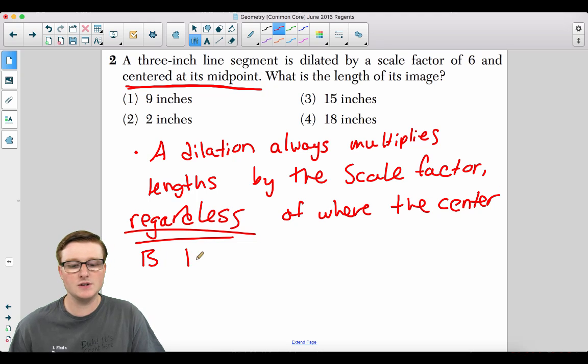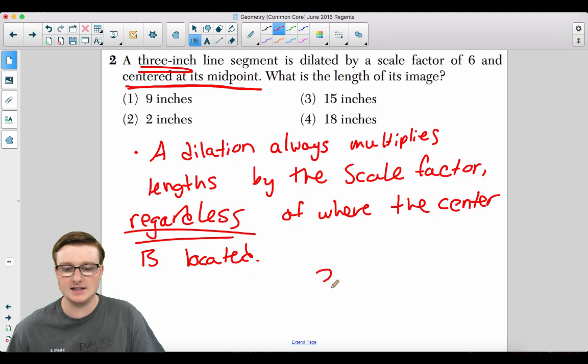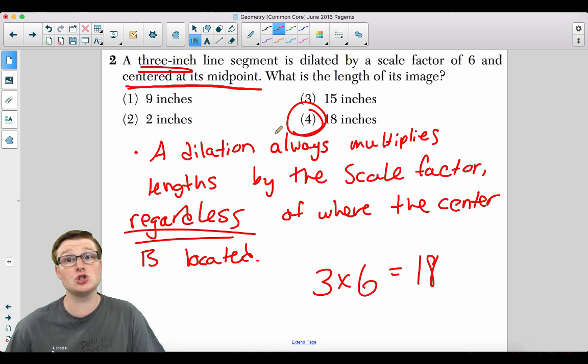So it doesn't matter if it's located at its midpoint, it is still the length of the segment, which is 3 dilated by 6. So it's 3 times 6, that's going to be 18. The answer is choice 4.